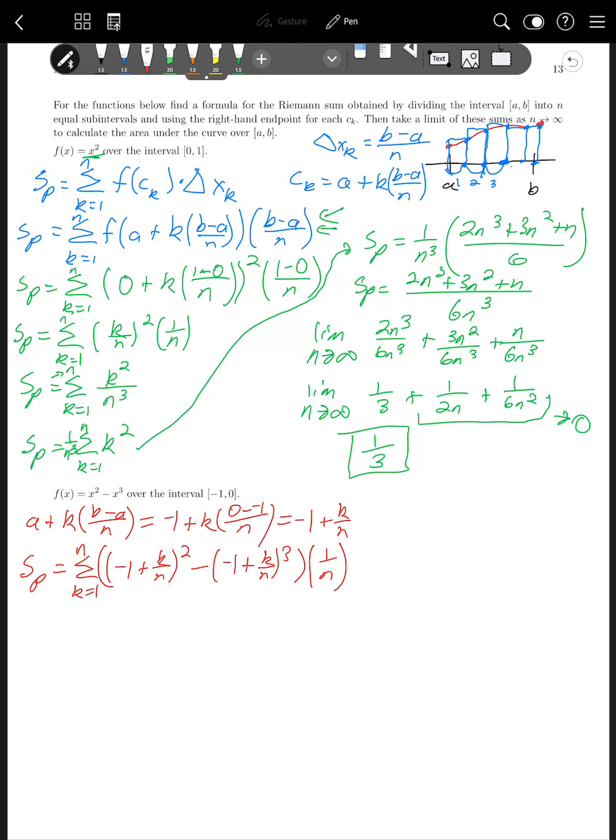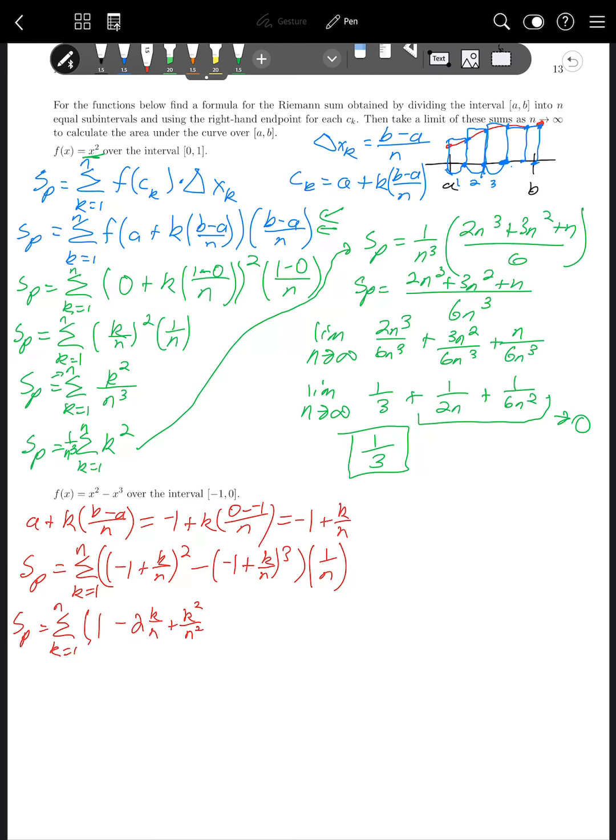Okay, and so now we're just going to simplify like we did before. We're going to multiply some stuff out, which is going to get a little complicated, but it's just algebra. So (-1 plus k over n) squared is 1 minus 2k over n plus k squared over n squared.